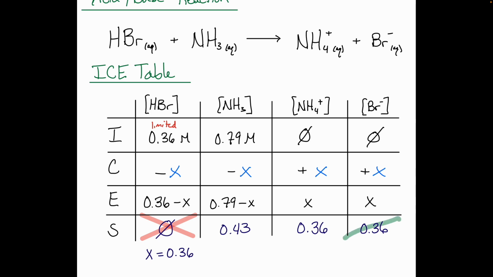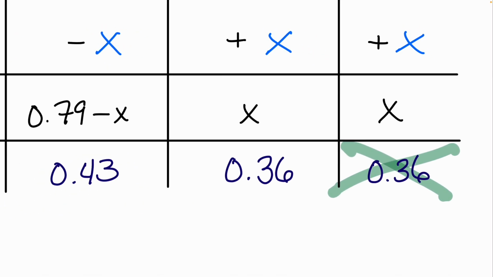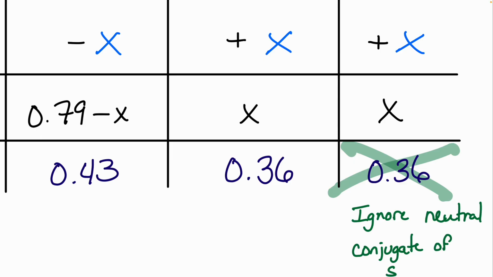The conjugate of something strong is always neutral, right? So we're going to ignore the neutral. Unlike water, which I think we all know is neutral just because, you know, we're alive. We have to remember for our other strong acids and bases, their conjugates are neutral. So ignore neutral. We're going to just make note, it's the conjugate of a strong.